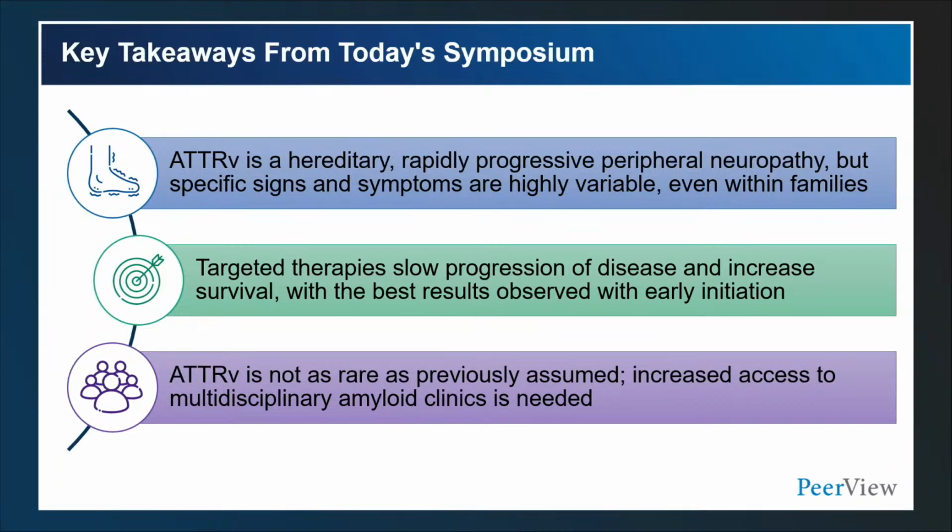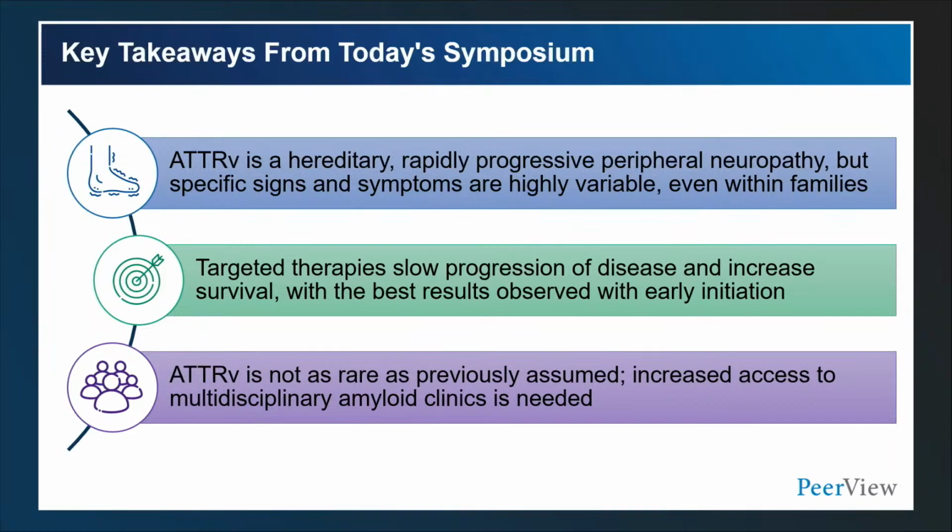The key takeaways from today's symposium, and I hope you all agree with us, are that this is an important disorder. It's genetic, it's rapidly progressive, and there are specific signs that can suggest the patient may have the disorder, even though it varies between members even within the same family and depending on the variant of the gene testing. The current treatments have really revolutionized the way we approach our patients and have dramatically changed the outcome.